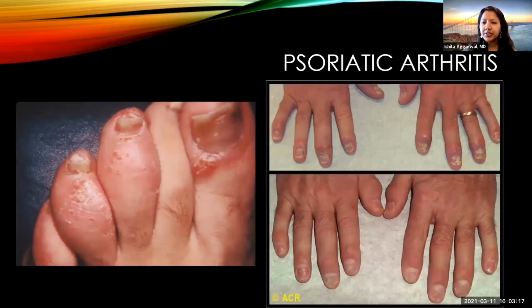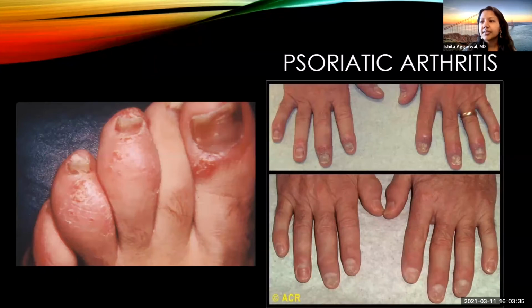Here are some more pictures of psoriatic arthritis. So we can again see that toe involvement called dactylitis, and you see a lot of involvement with the skin, psoriasis, as well as the nails.